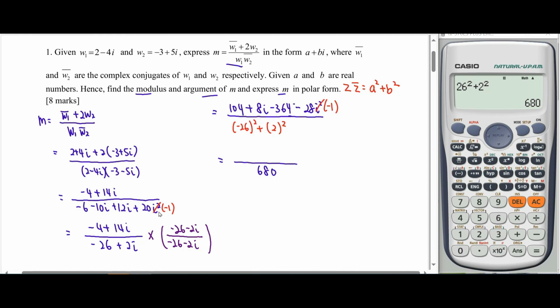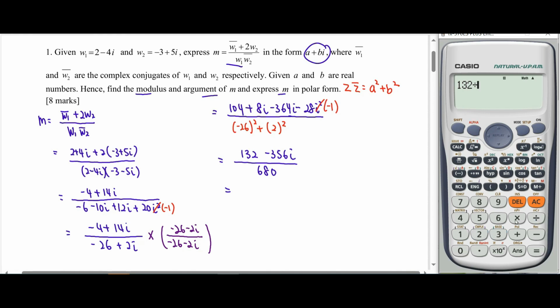so here we have i here, alright. So numerator 104, negative, negative, positive, it becomes plus 28. So 132. Imaginary part, 8 minus 364, negative 356i. Simplify until we get standard form.